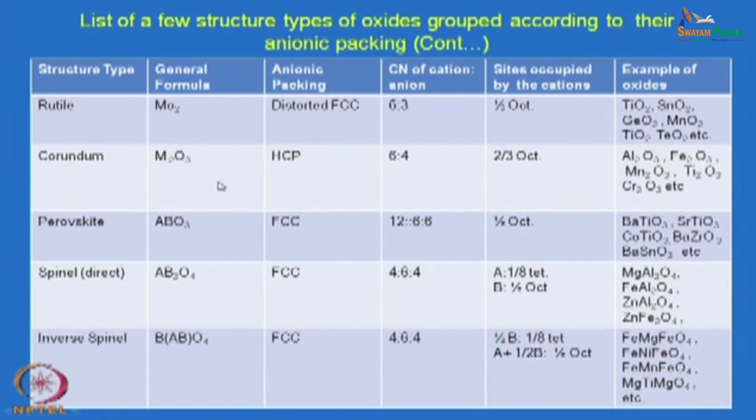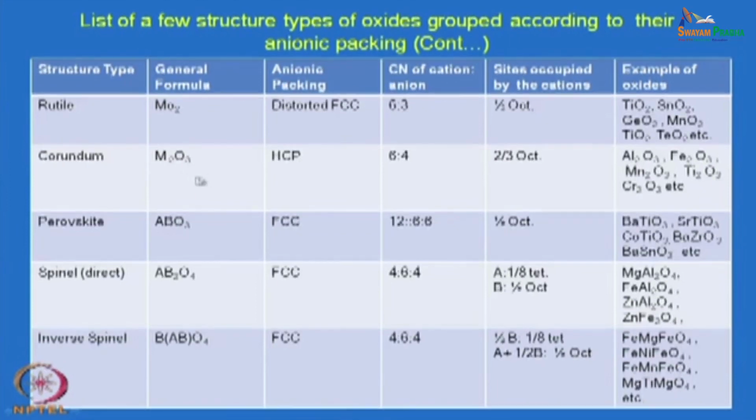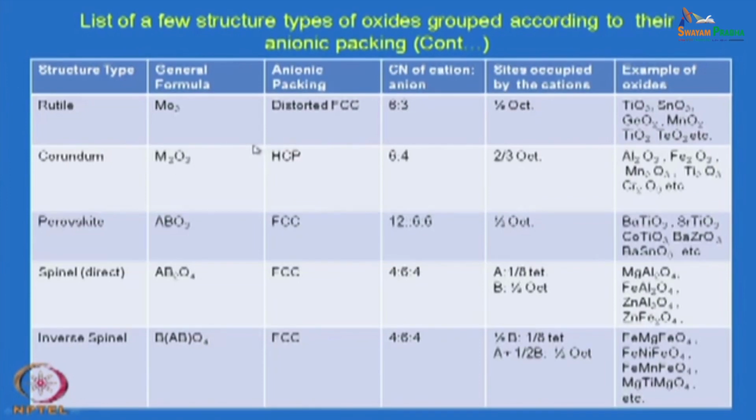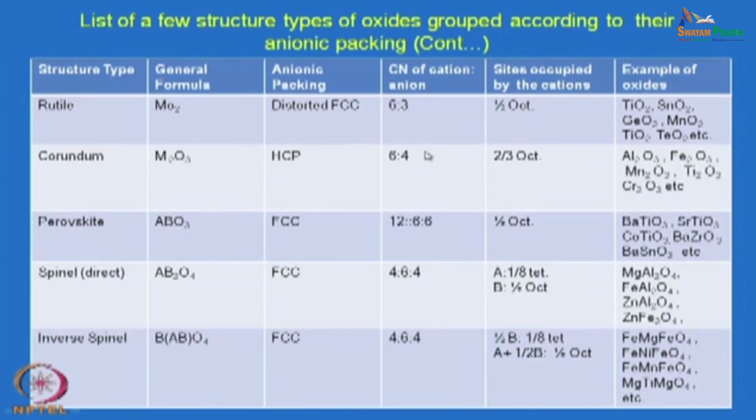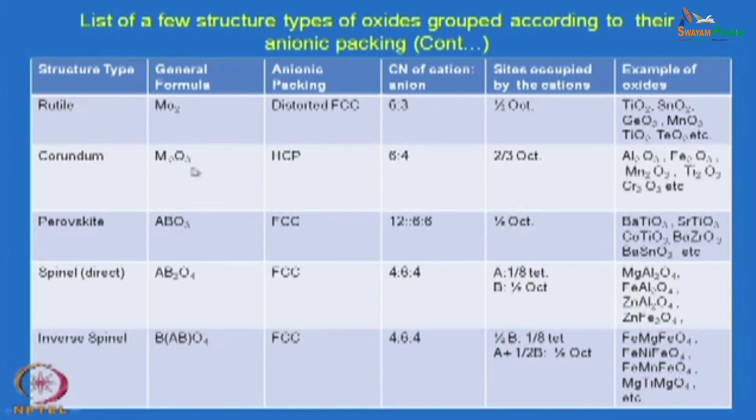Corundum we also discussed, and the chemical formula of the structure type is M2O3, sesquioxides, and this is HCP, the symmetry is hexagonal, the cation having a coordination number of 6, whereas the anion has a coordination number of 4, and only 2/3 of the octahedral sites are occupied by the cation, because of the formula here, it is 3:2.